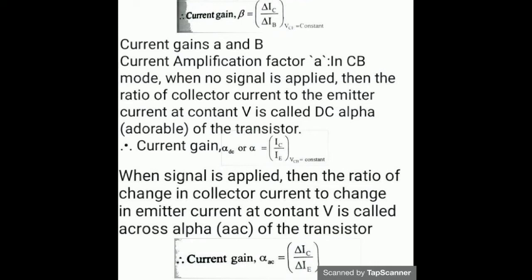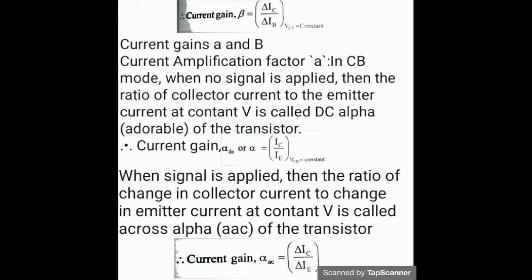When a signal is applied, the ratio of change in collector current to change in emitter current at constant V is called AC alpha of the transistor current gain.